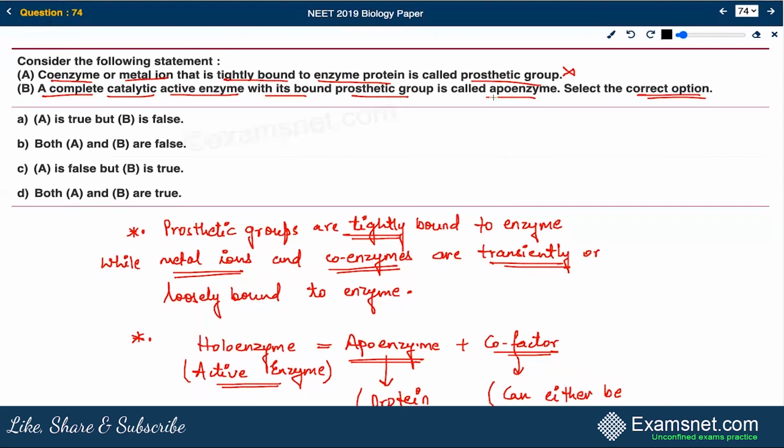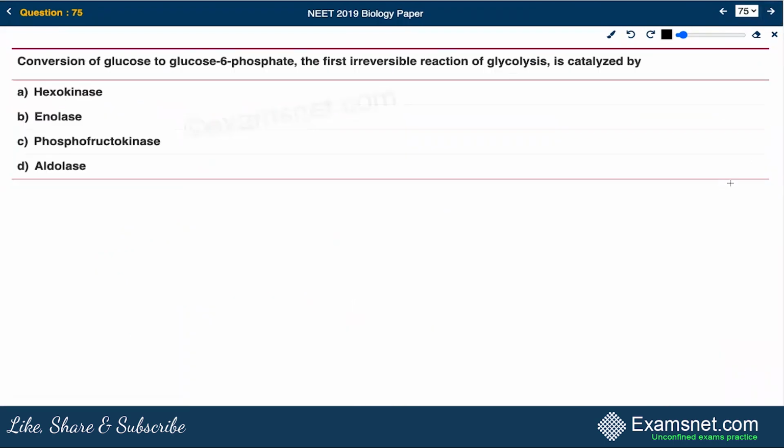So definitely this statement is also false. Both statements are false, so if you look into the options, both A and B are false. That means Option B is the correct answer. Clear?